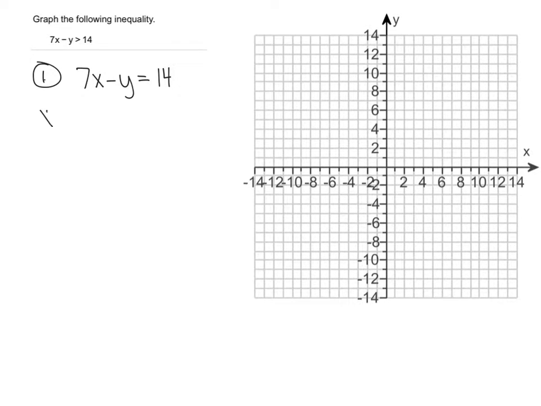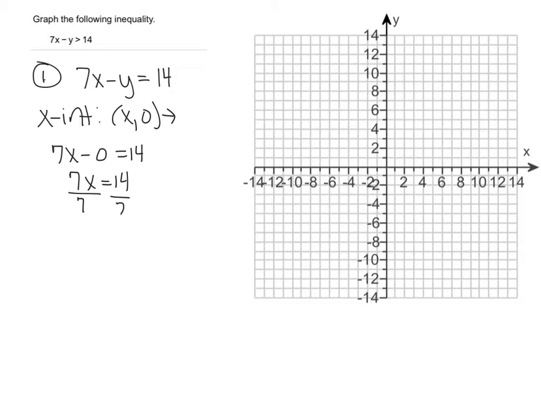So I'm going to find the x-intercept, and to do that, we're just going to substitute a 0 for y. So I have 7x minus 0 equals 14. So 7x equals 14. And then we'll divide both sides by 7, and we get x equals 2.